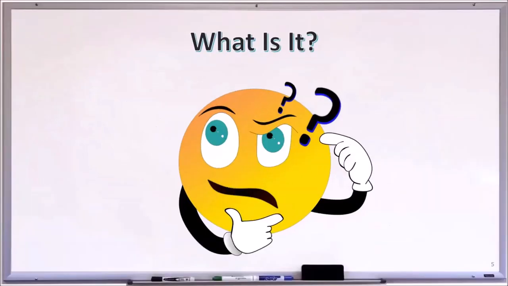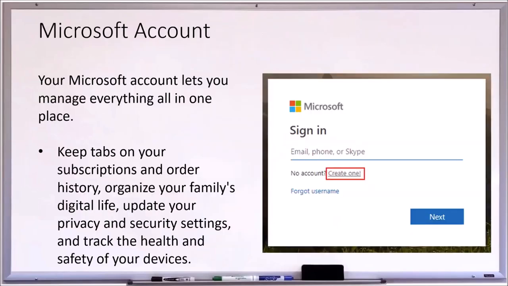So first of all, what is it? It's a conglomeration of Microsoft's probably most popular apps. When it comes to Microsoft Office, it is the gold standard. But you will need a Microsoft account. And your Microsoft account kind of connects all the information that Microsoft has on you and pulls all that together for you.